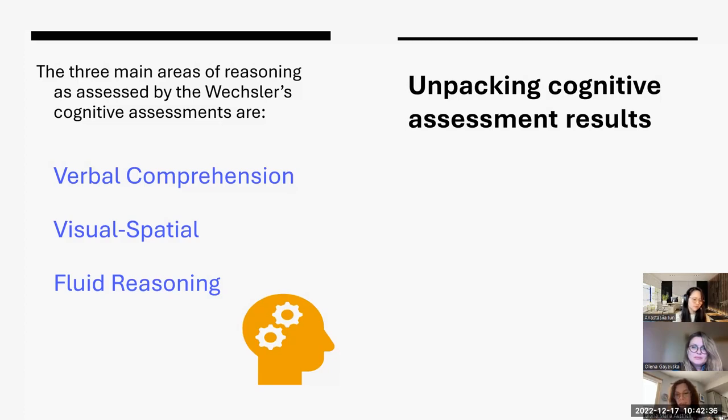Then there is the WISC, which is used from the ages of 6 to 16 years 11 months. And then there's the WAIS, which covers from age 17 on to the age of 98. But these all fall under this style of evaluation.